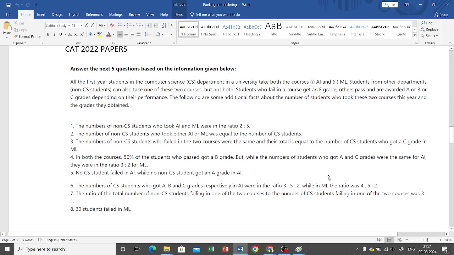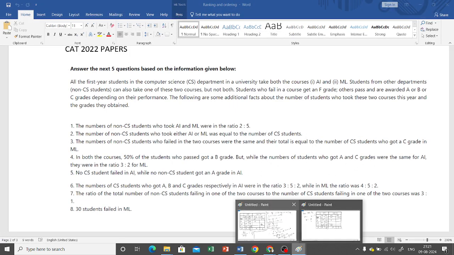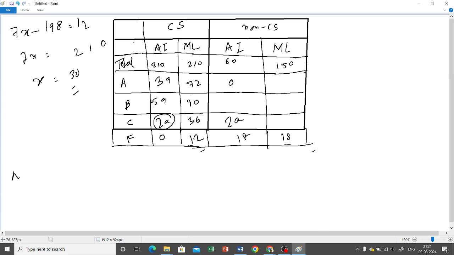While the number of students who got A and C grades were the same for AI. Okay, so number of students who got A in AI. How many got A in AI? 3A plus 0, that is 3A.